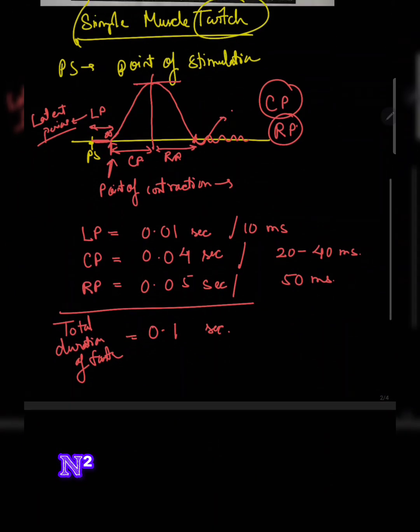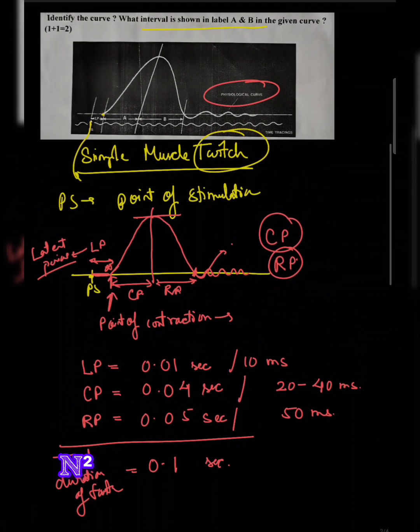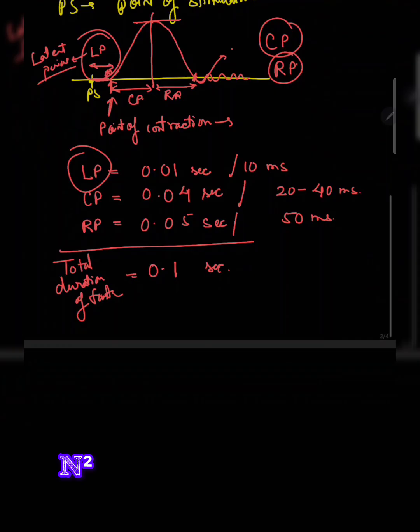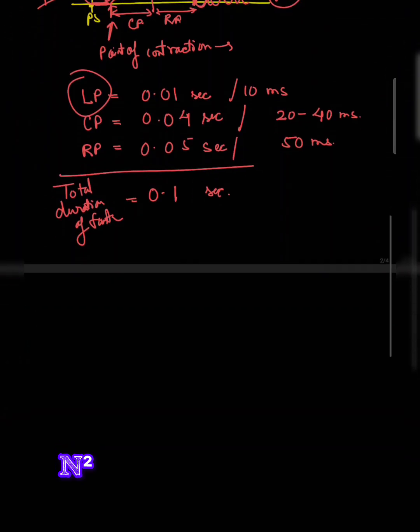Apart from this, questions are also asked related to this latent period. This latent period is very important. Sometimes questions come: what is the physiological significance of the latent period?